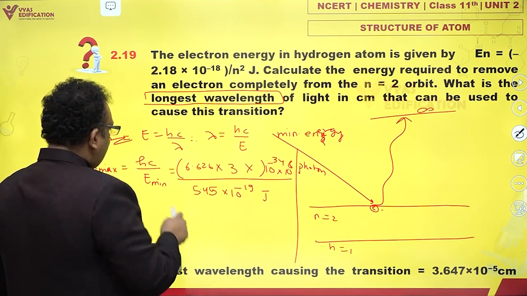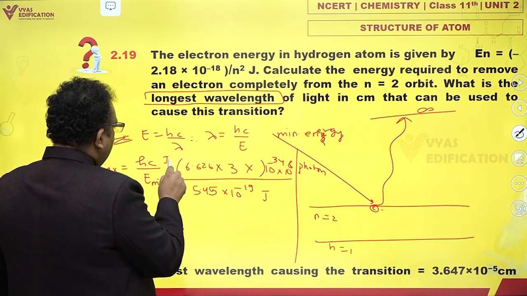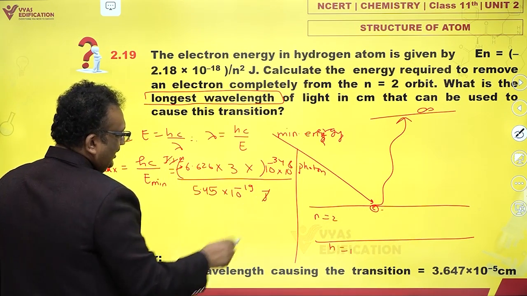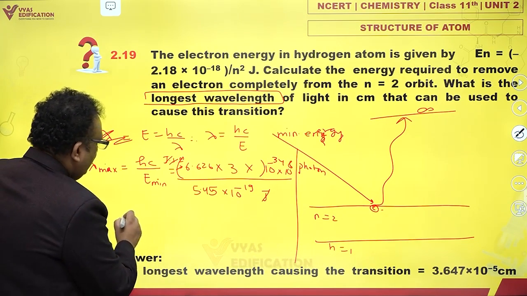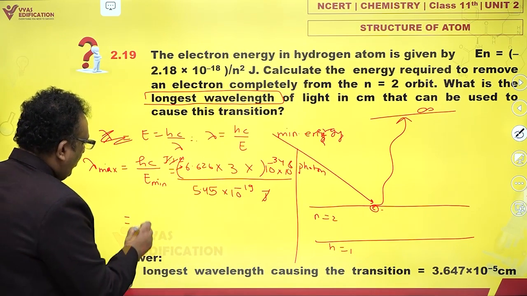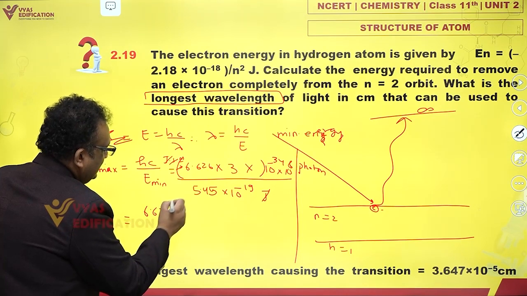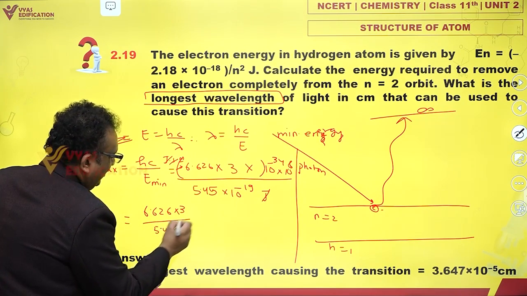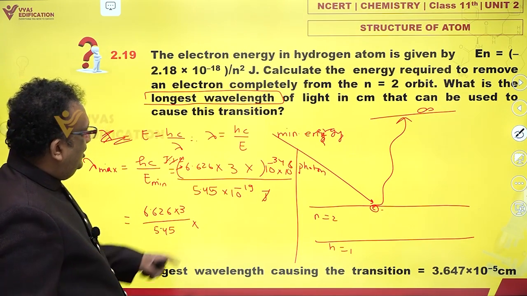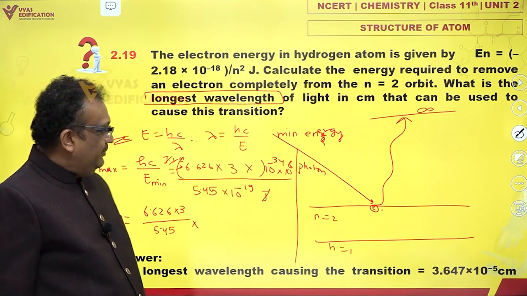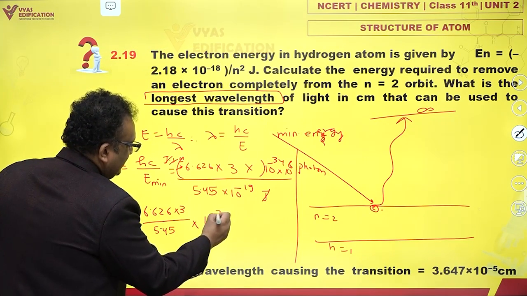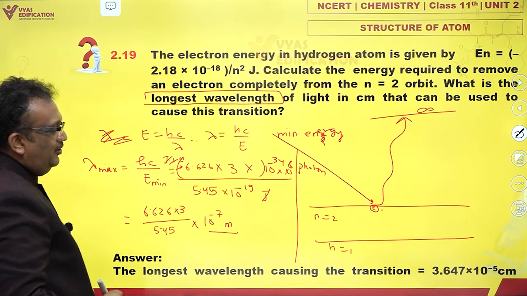Now, this is joule second, this is meters per second. So I can cancel all these units, right? Neat and clean, what do I get? I get 6.626 into 3 by 5.45, lovely numbers, into, now 19 goes up, 19 plus 8, 27, 27 and 34, that makes it 10 raised to minus 7 meters.